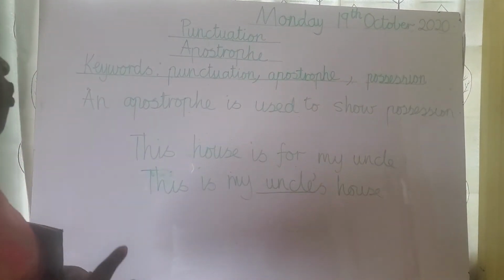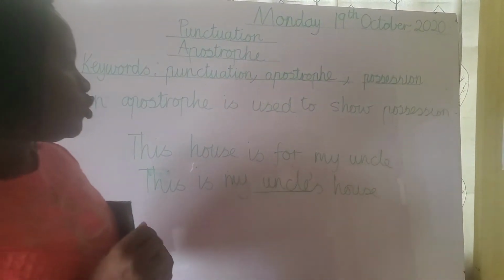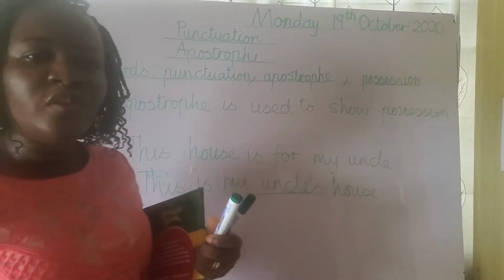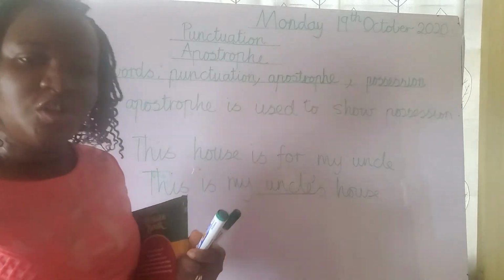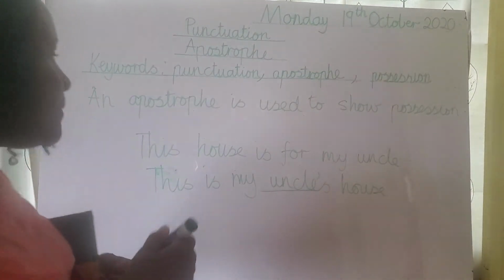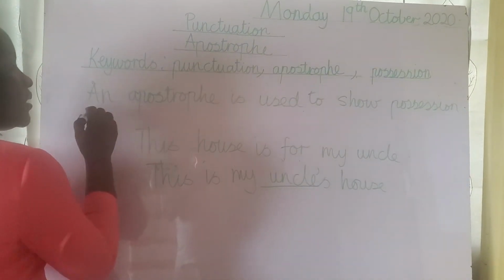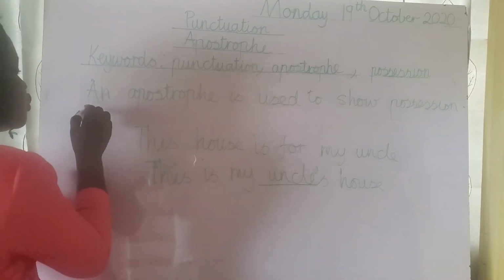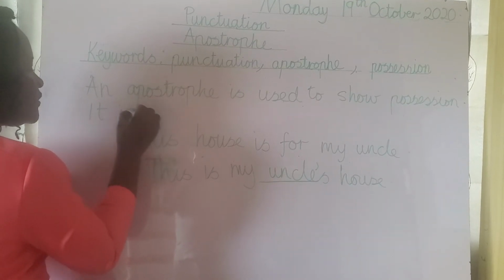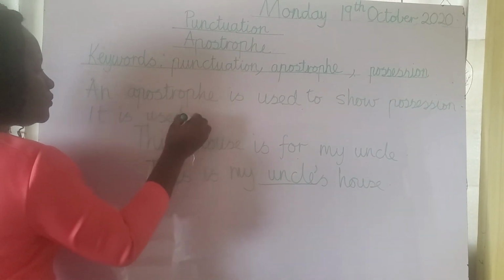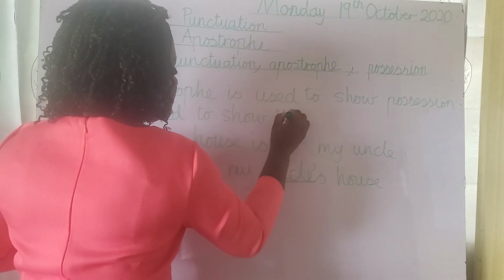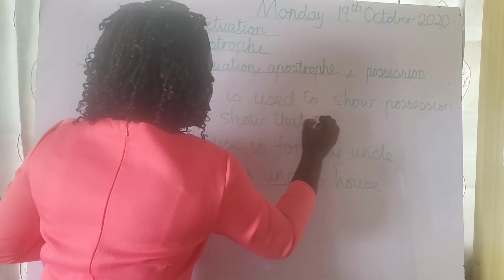So today we have learned about the apostrophe, and we have learned that the apostrophe is used to show possession. It is used to show that something belongs to someone.